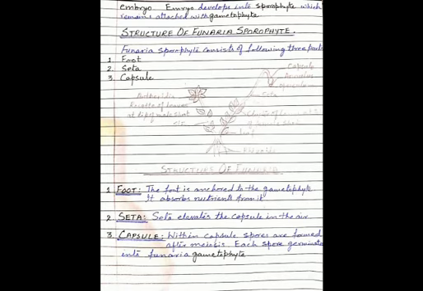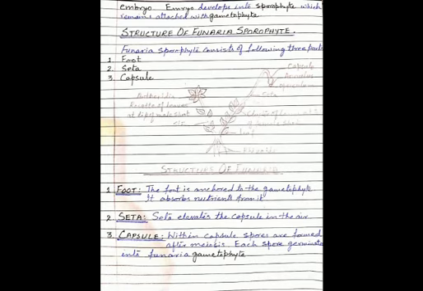Again write the first pointer heading, foot. The foot is anchored to the gametophyte. It absorbs nutrients from it. Now second side heading is seta.